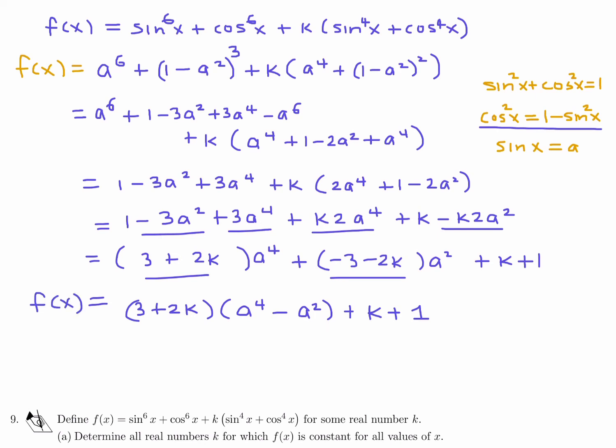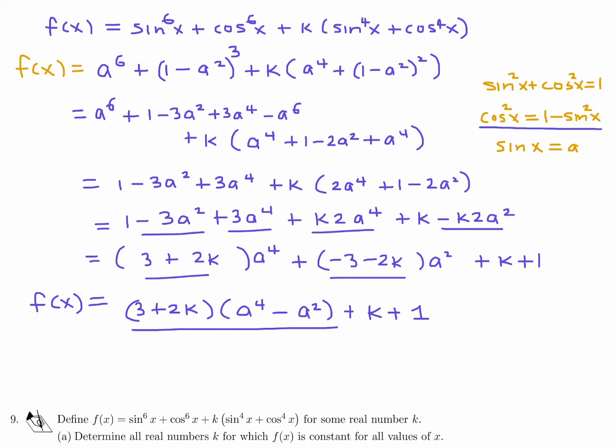Now let's go back and read the question again. Determine all real numbers k for which f of x is constant for all values of x. Constant, meaning f of x would be the same regardless of what x is. That would be true if this whole expression vanishes. And therefore f of x would be equal to k plus 1 always, regardless of what x is equal to. How can this be equal to 0?